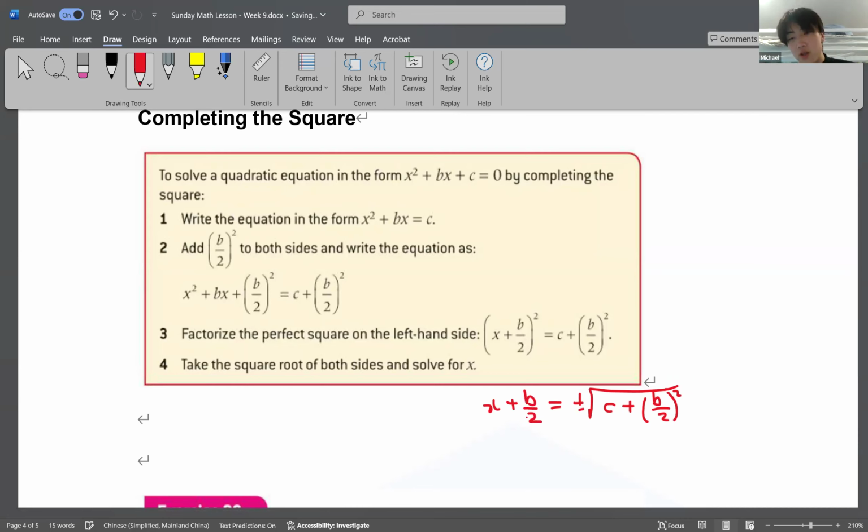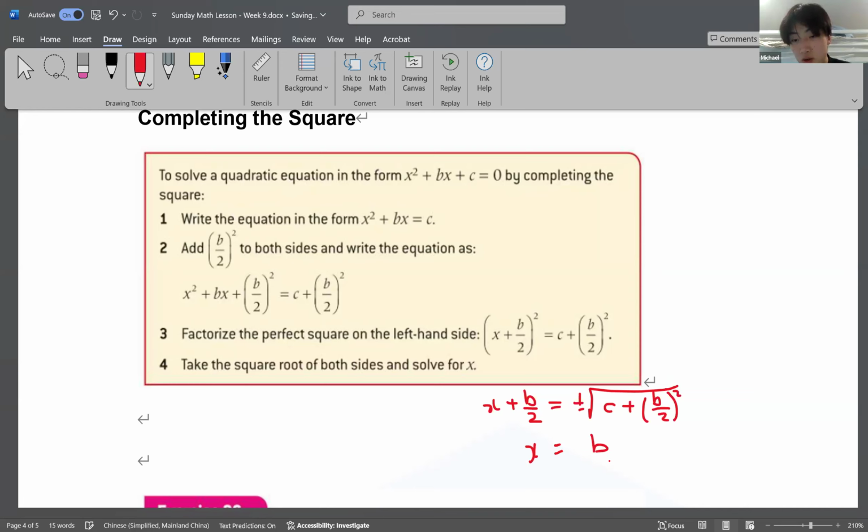All right, so we square root both sides. And now, how do we solve x, anyone? Do we bring the b over to the right-hand side? Yes, and then we will only have x left. So here, what do we have?